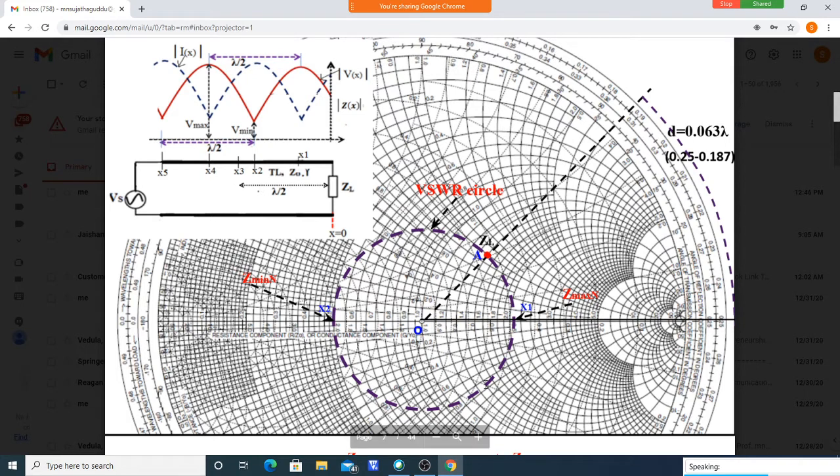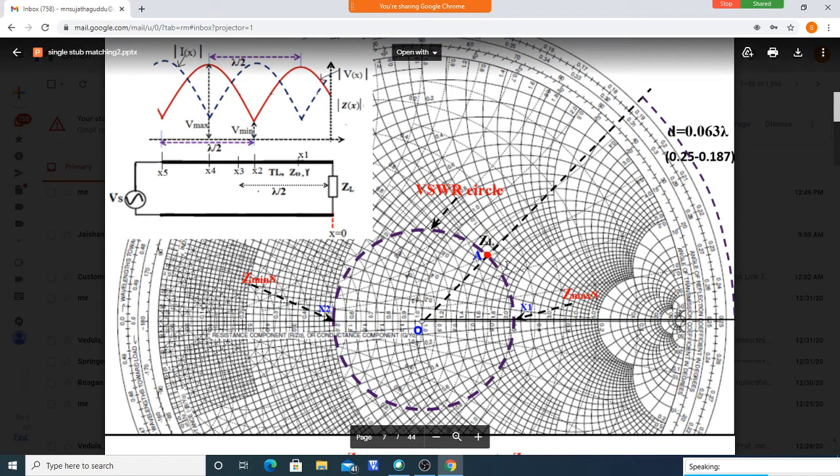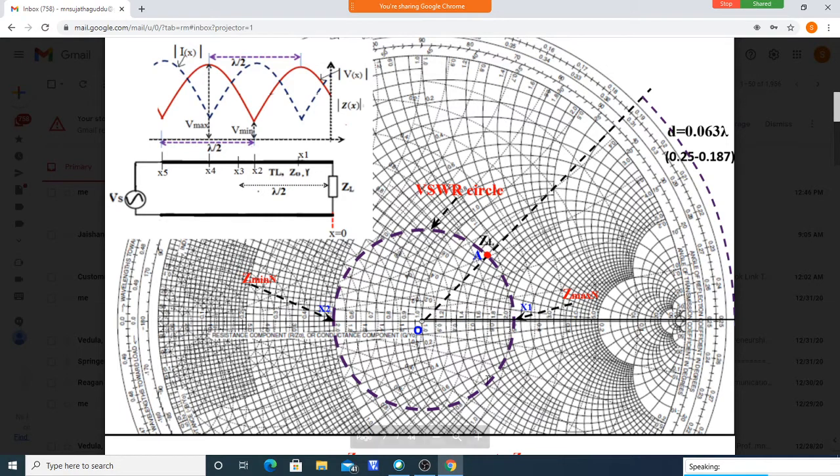Impedance changes like this, and the same impedance will repeat after a distance of lambda by 2. So start from here and move over a VSWR circle, one complete circle like this, and come back to the same point.